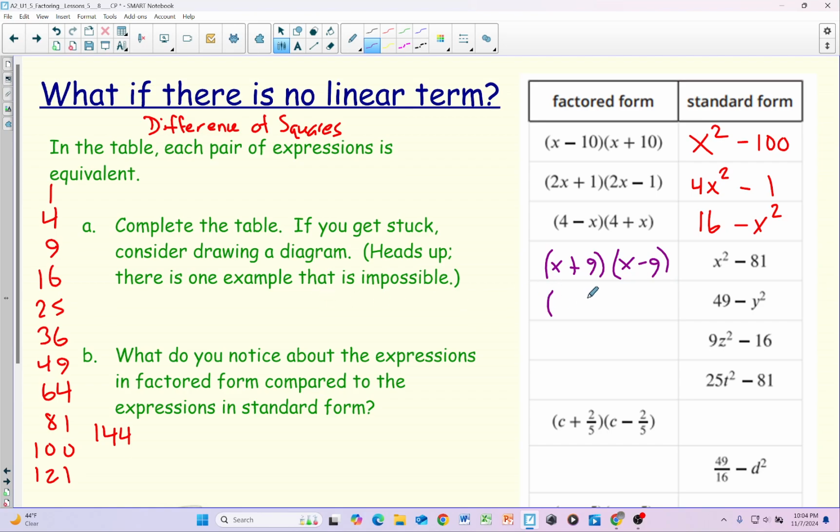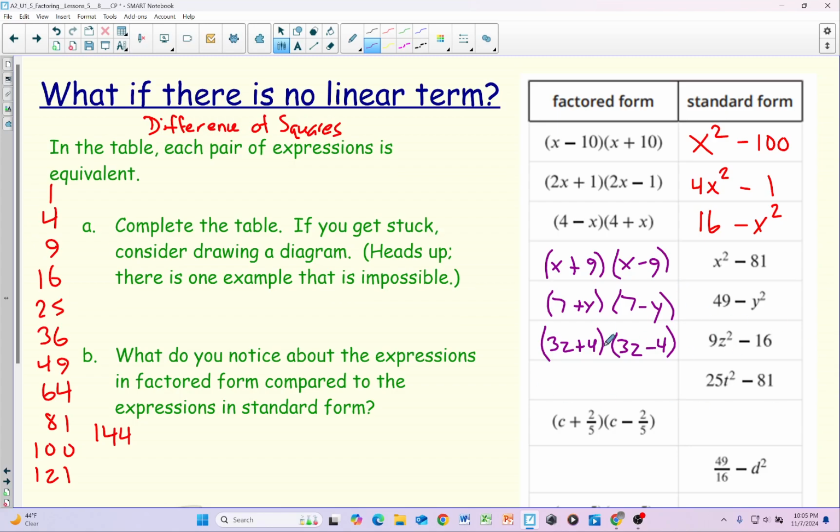What about the next one? So 49, well, we know that's 7 times 7. And y squared, so plus y minus y. 9z squared, well, 9 is 3 times 3. Z squared is z times z, right? So 3z plus 4 minus 4, because those multiply to give you negative 16.